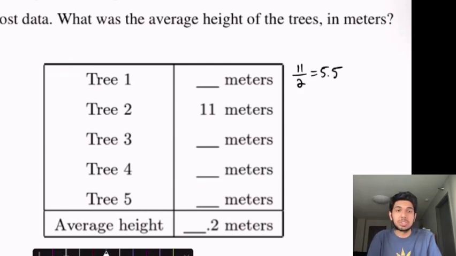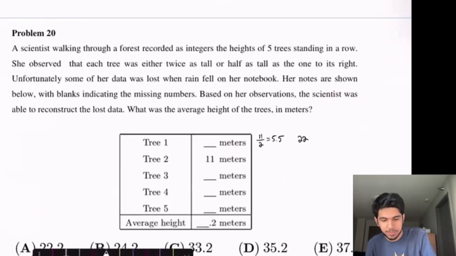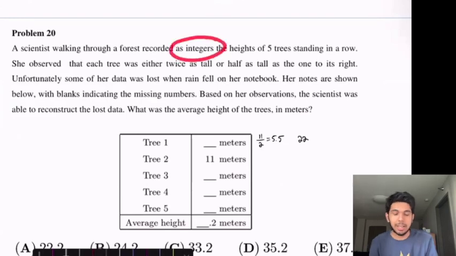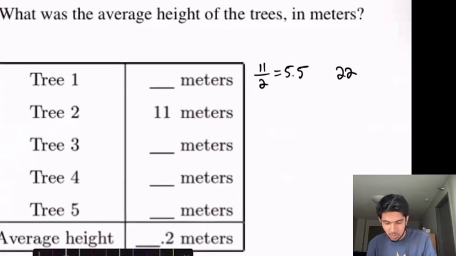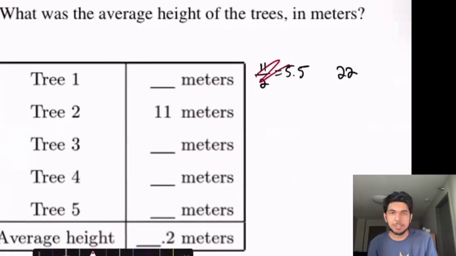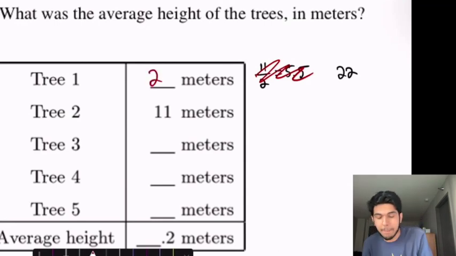If tree 1 was twice as tall as tree 2, then it would be 22 meters high, 11 times 2. Both of these are viable options because we know that one of these two must hold. However, if we go back to the question, we see that the heights are integers. So we can eliminate this first option of 5.5 since that's not an integer. So we know tree 1 must be 22 meters high.